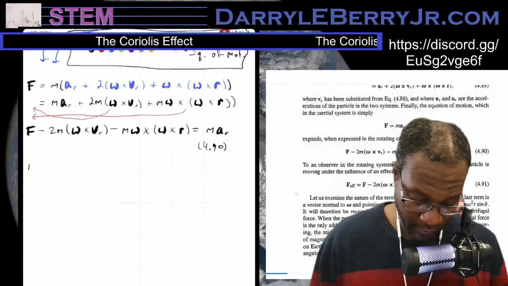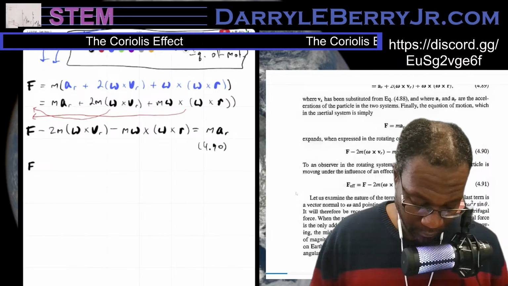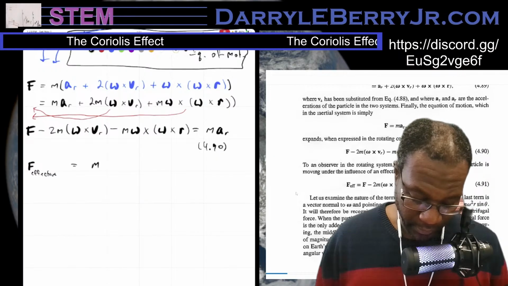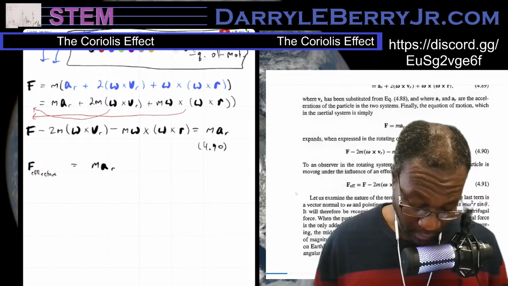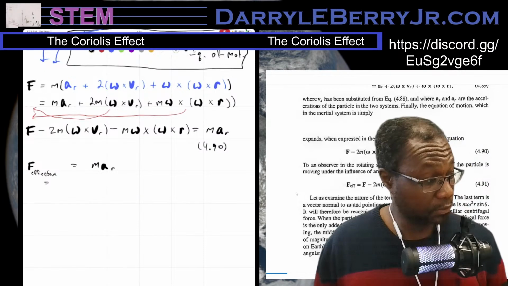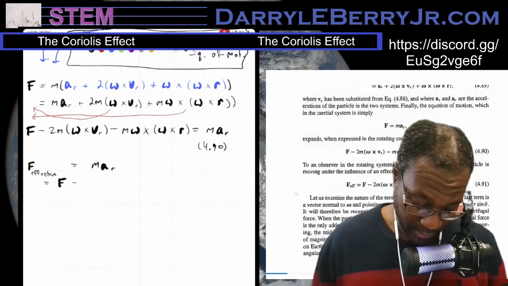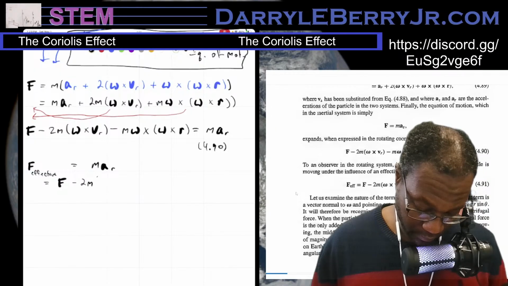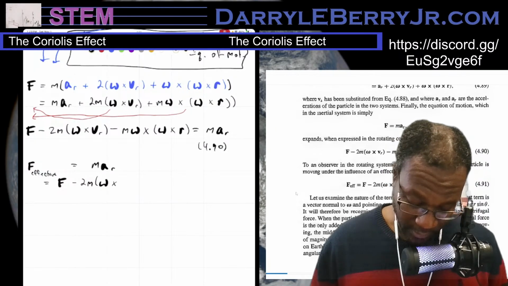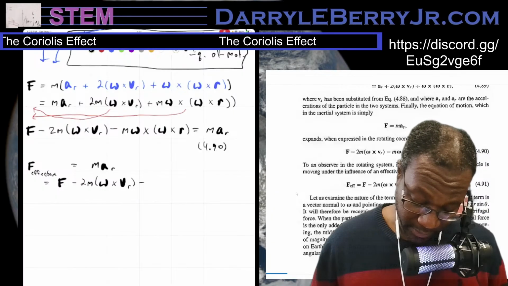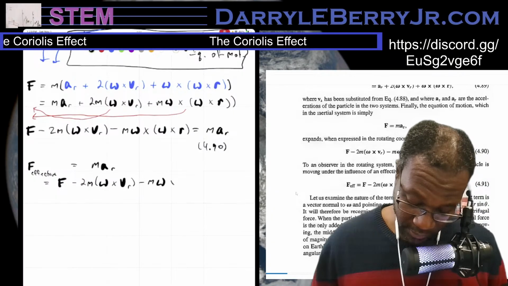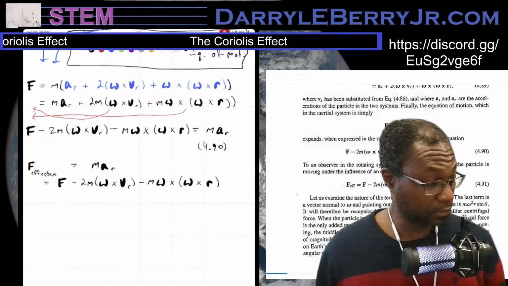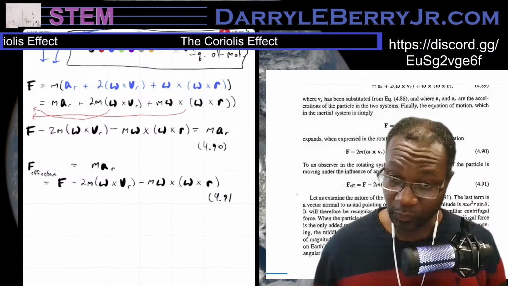F effective equals M A R, which equals F minus 2M omega cross V R minus M omega cross omega cross R. This is 4.91.